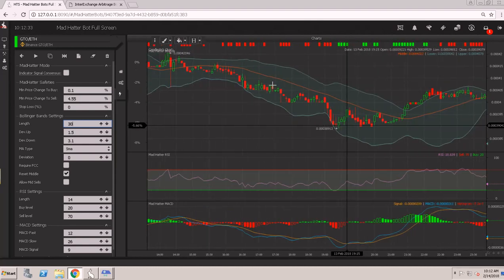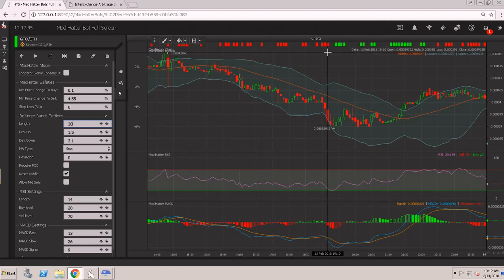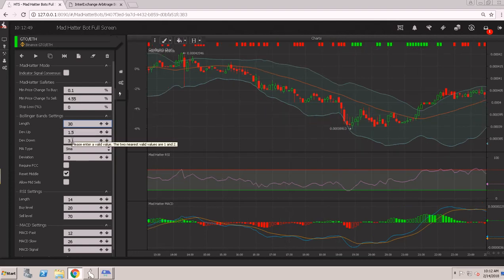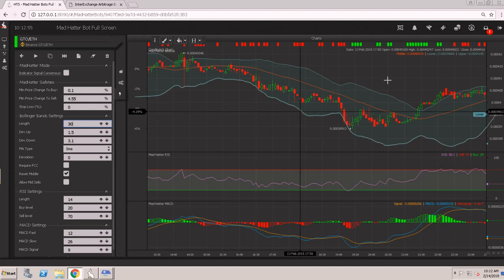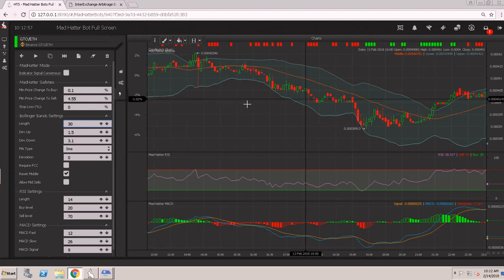So increasing the length has brought the sell signal down here, and we don't buy until it starts to come back up. Okay, so that's where we want to manipulate the Bollinger Bands, increasing, decreasing. Usually up and down will do it. If these aren't doing anything to it, then the length is probably what needs to be changed, and that'll get it to go where we want it to go.